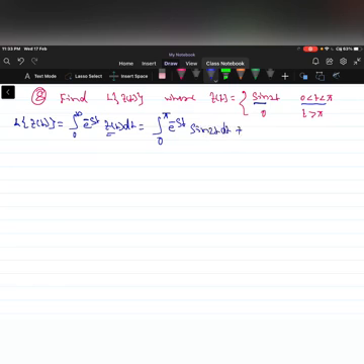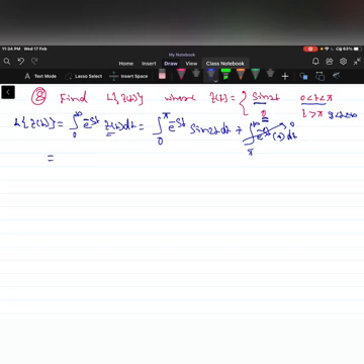Then for the interval t greater than pi, that is pi less than t less than infinity, the function is 0, so e power minus st into 0 dt, and this interval becomes 0.